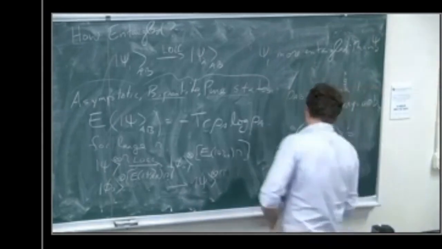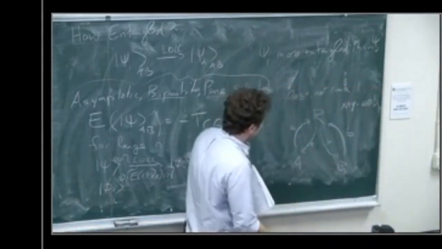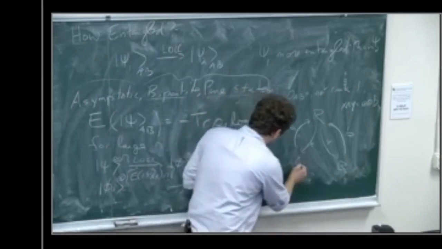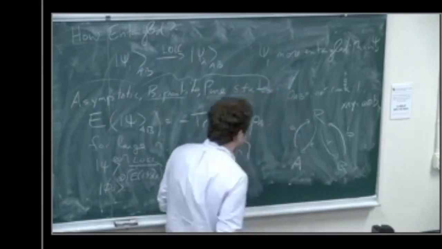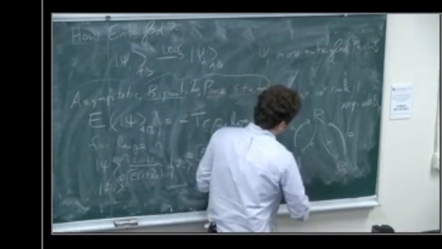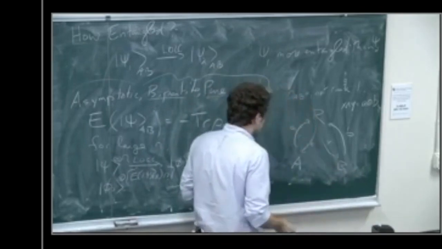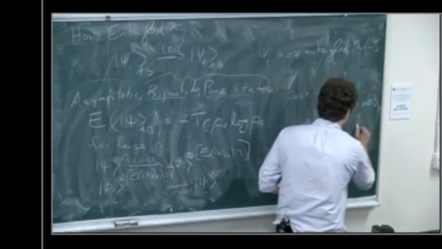Okay? And they're allowed to talk beforehand, but once the game starts, they're not allowed to talk to each other anymore. And the point is that, if they only share some classical randomness, which describes the strategy they're going to use, they can win this with 3/4 probability.